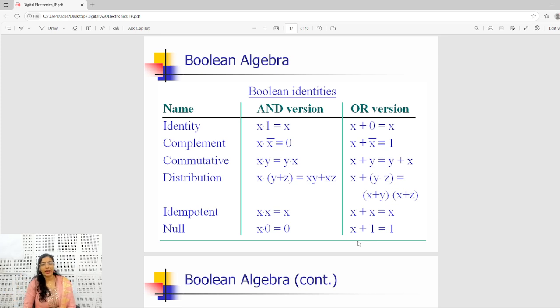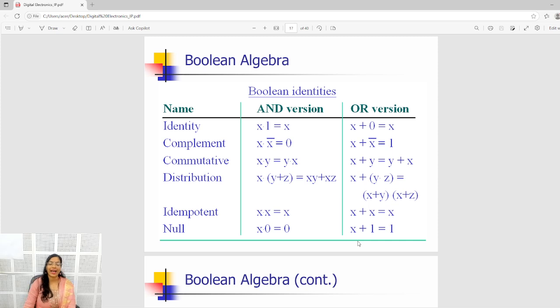The complement identity, next one, is x dot x bar is 0, whereas x plus x bar equals 1. The commutative law states that x dot y equals y dot x, whereas x plus y equals y plus x. In the distributive law, x dot (y plus z) will be equal to xy plus xz, whereas in our version, x plus (y dot z) will equal (x plus y) dot (x plus z).